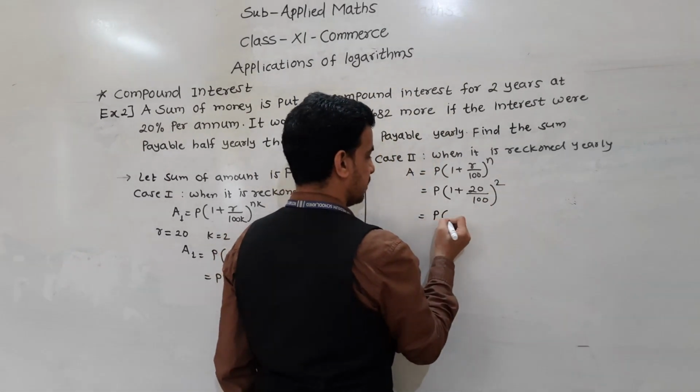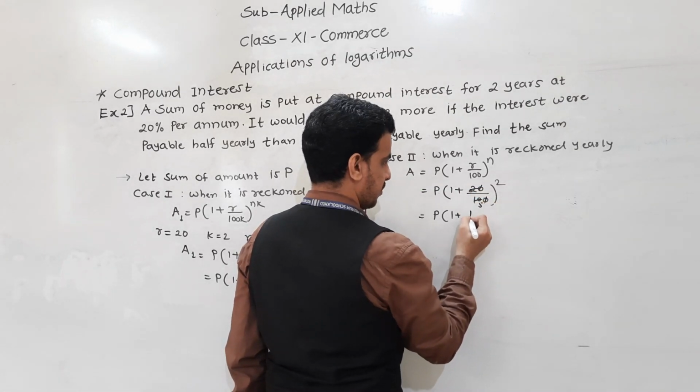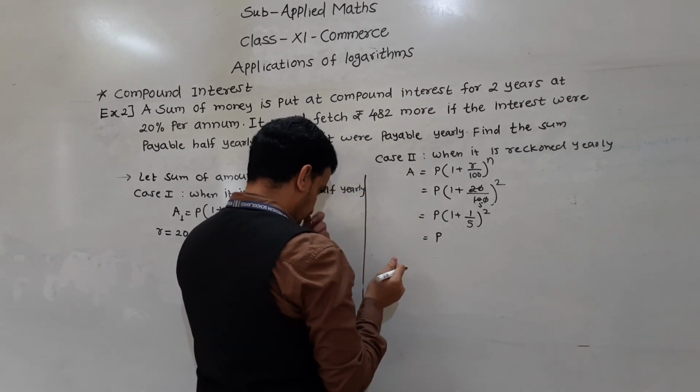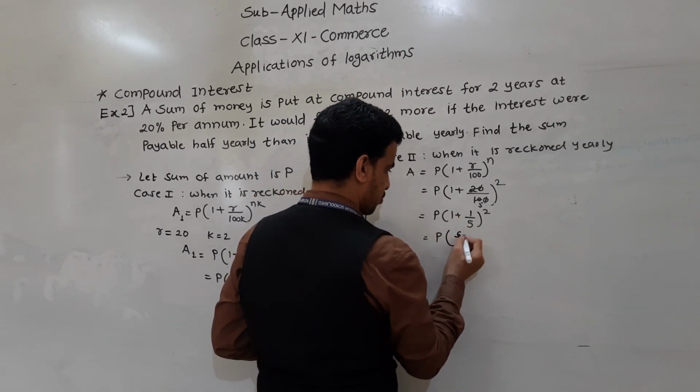So P into 1 plus 1 by 5 raised to 2. If we simplify this, it is P into 6 by 5 raised to 2.